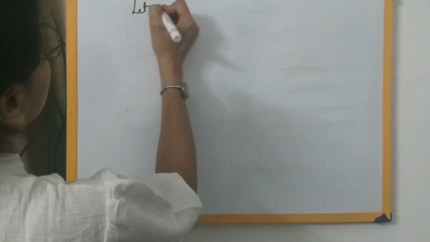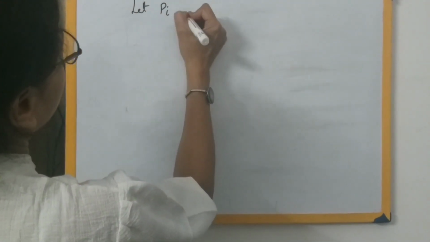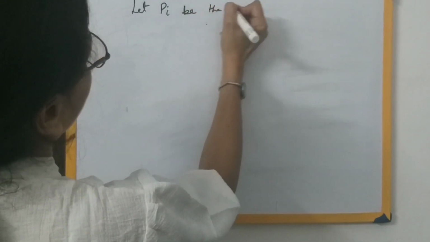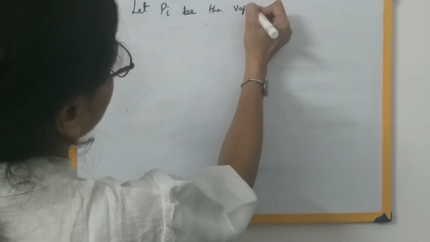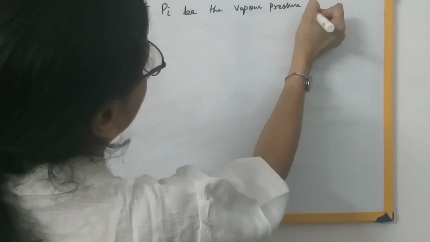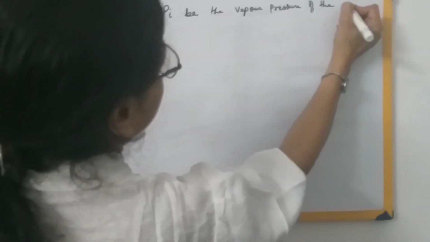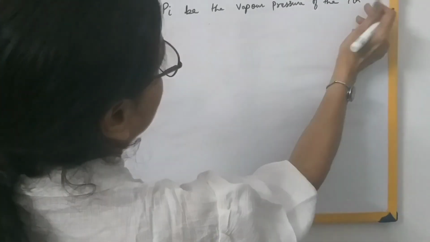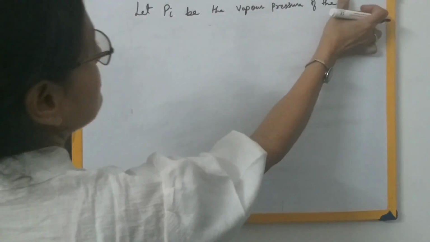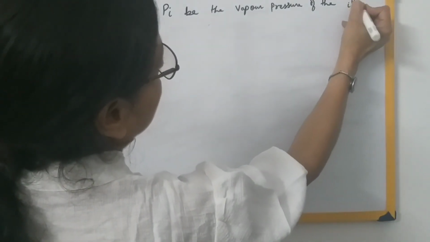So let Pi be the vapor pressure, or partial vapor pressure, of the ith component. You can write it in this way, that is, ith component.